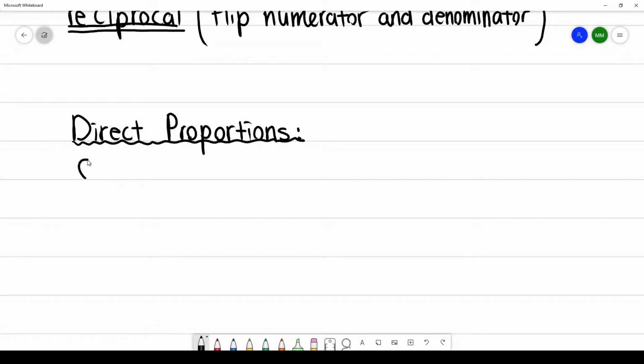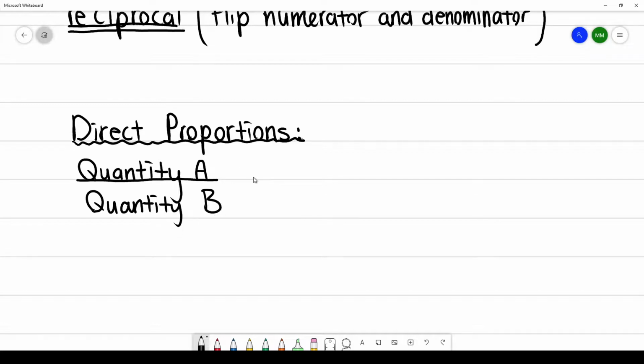A proportion, direct and indirect alike, is a way to express a relationship between two quantities. So I will say quantity A over quantity B is a constant.